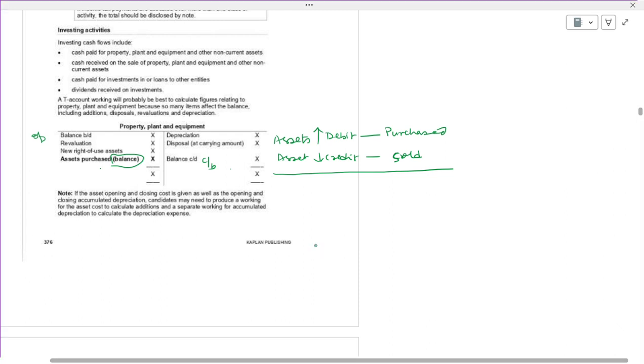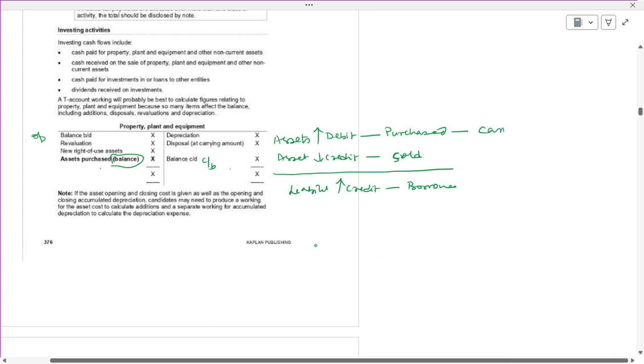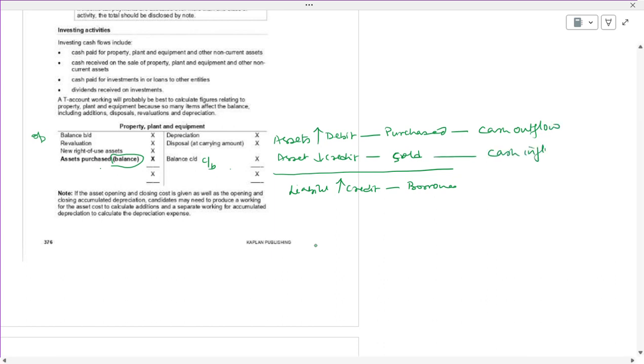In the same way, if it is a liability or share capital, if liability is increasing, it will be on the credit side. It means you have borrowed it. I will pay it later, but at the time it is a cash inflow.